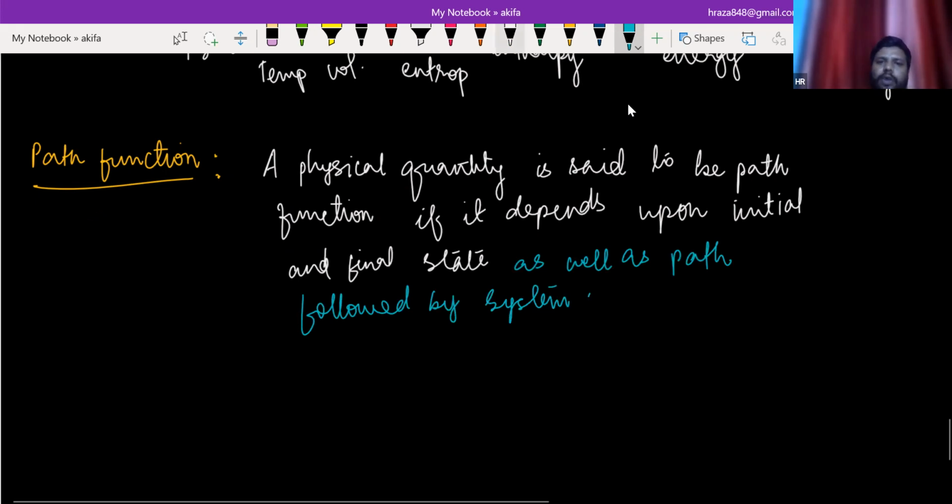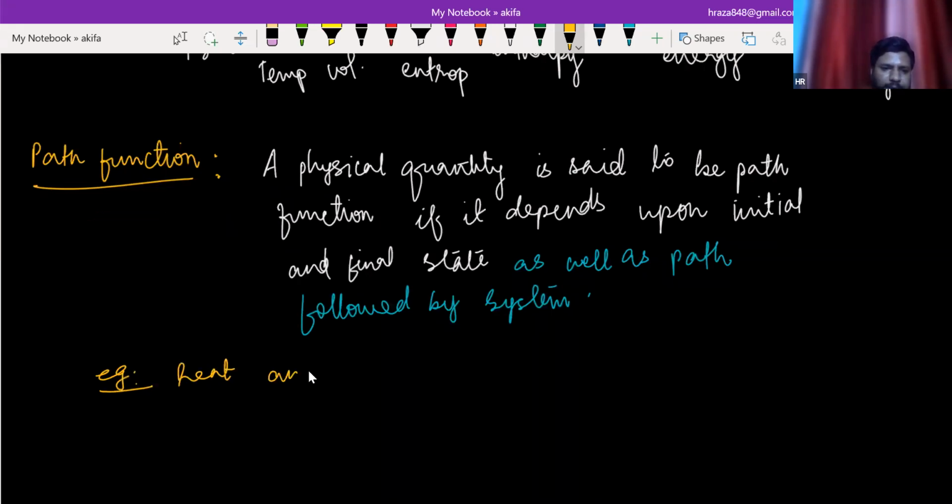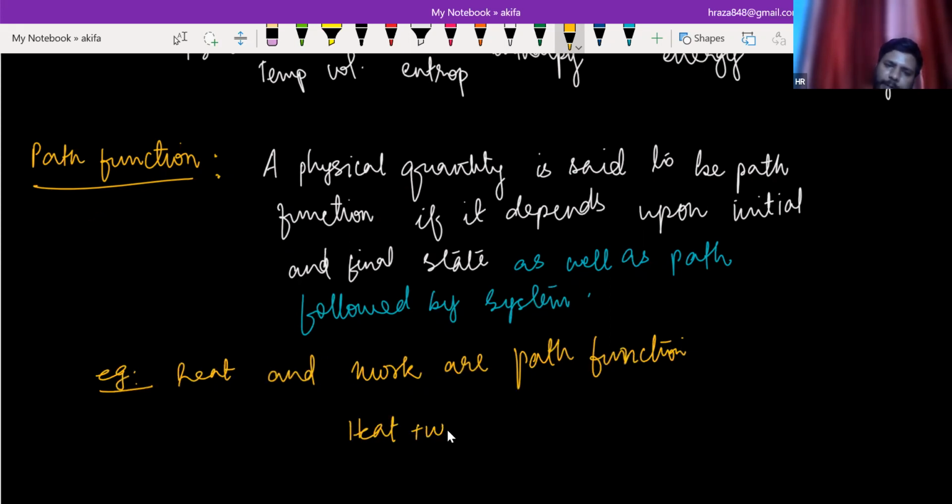So it has two important examples, that is basically heat and work done. Heat and work done are path functions. But heat plus work is a state function.